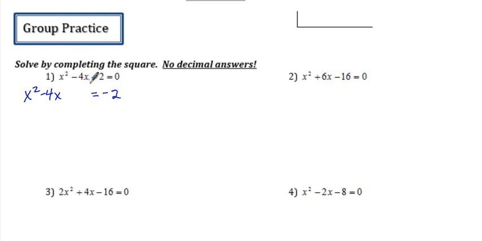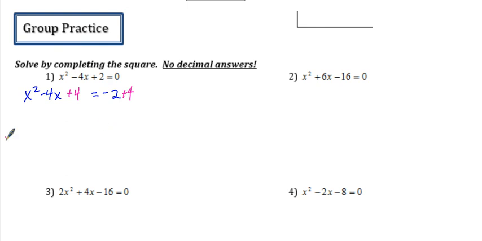If this is c, this is b. -4 is b. What's half of -4? That's -2. What's -2 squared? That's +4. So add 1/2 of b squared to both sides. Now, factor the left side.